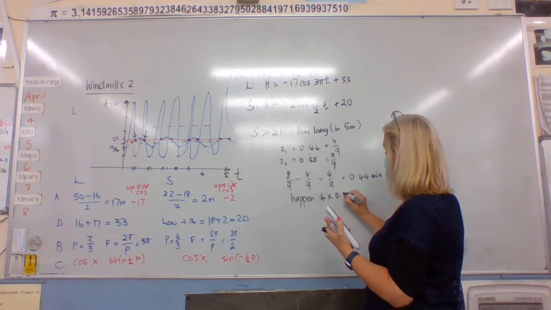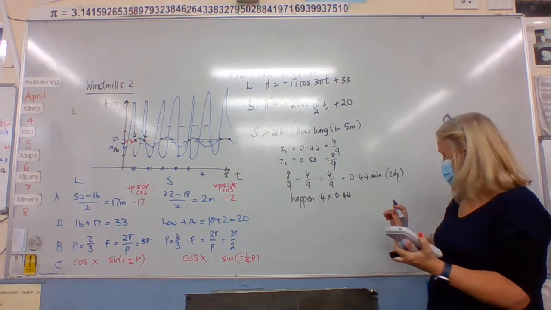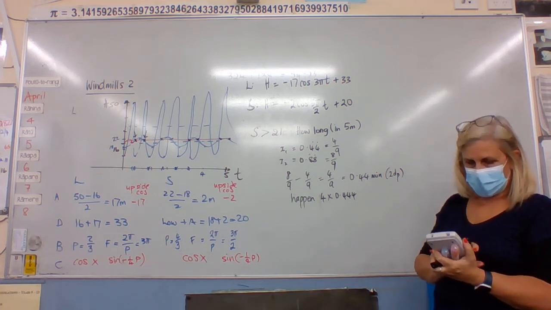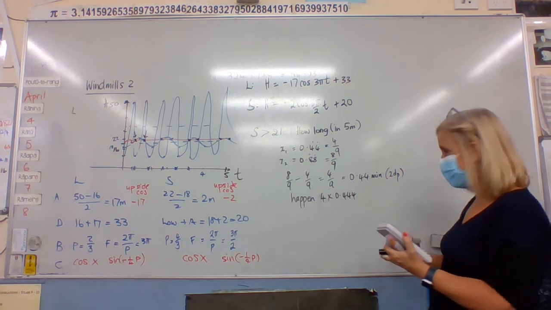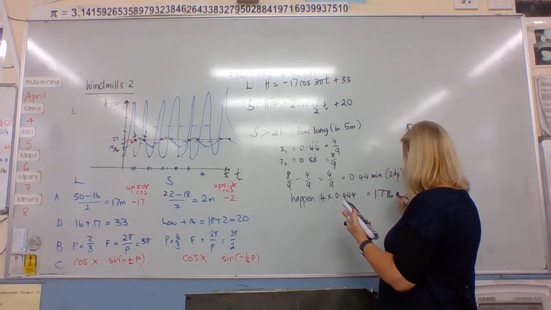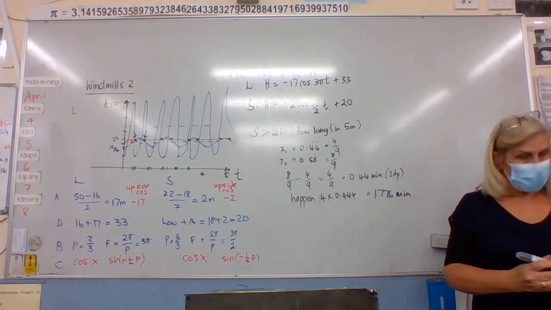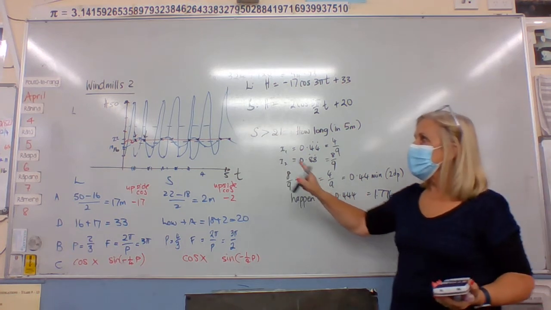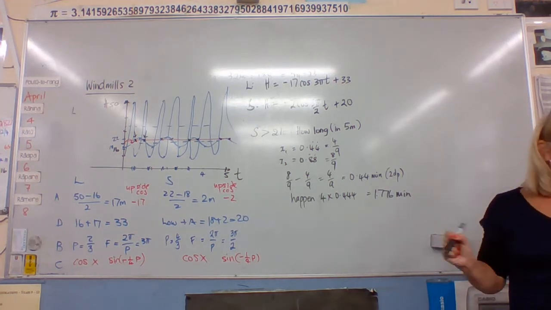So 4 times 0.44444444 equals 1.776 minutes. All right? So for 1.776 minutes, the small windmill is going to be above 20, the sticker is going to be above 20.